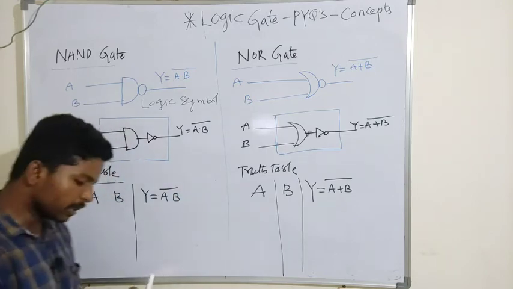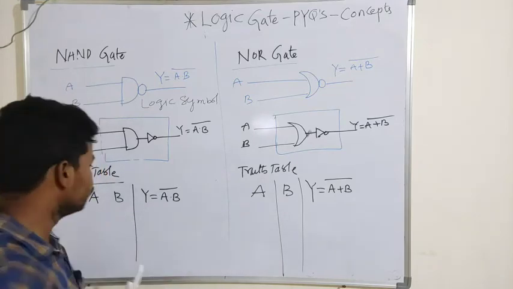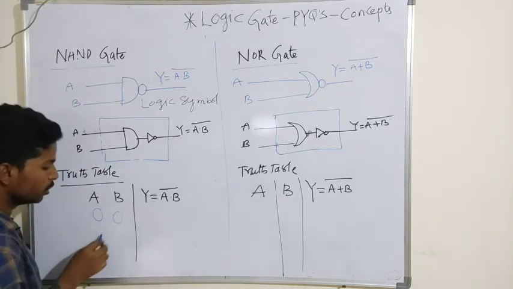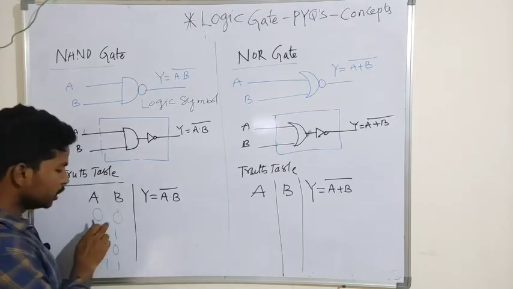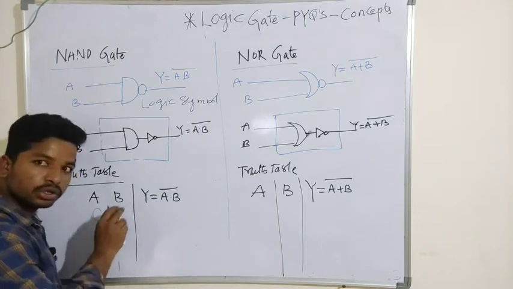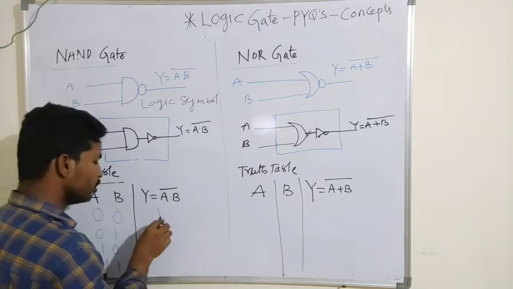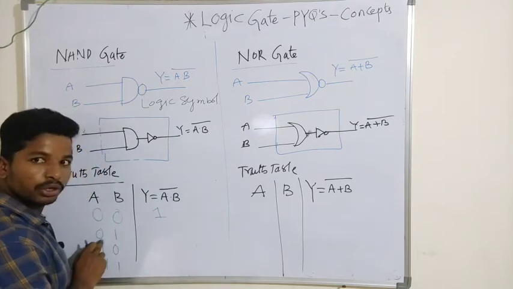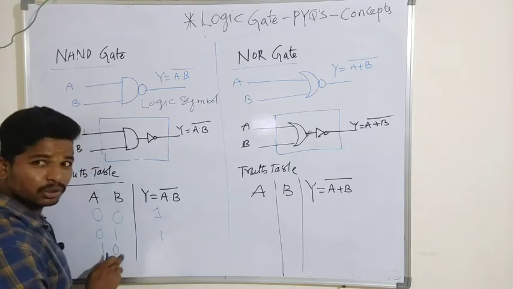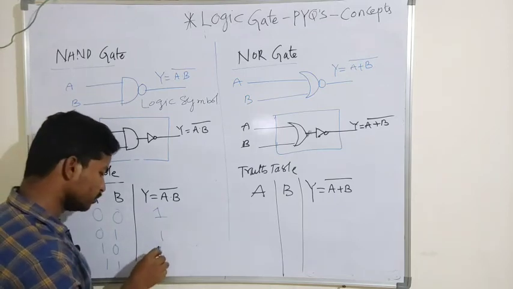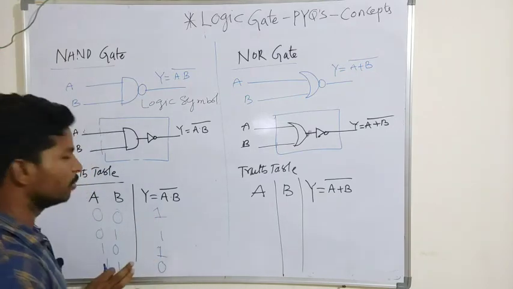Because it is a 2 input gate, it will have 4 combinations: 0 0, 0 1, 1 0 and 1 1. 0 into 0 is 0, and that 0 is given as input to the NOT gate, so it is complemented to 1. 1 into 0 is 0, and 0's complement is 1. 0 into 1 is 0, and 0's complement is 1. And 1 into 1 is 1, and 1's complement is 0. So this is all about the NAND gate.